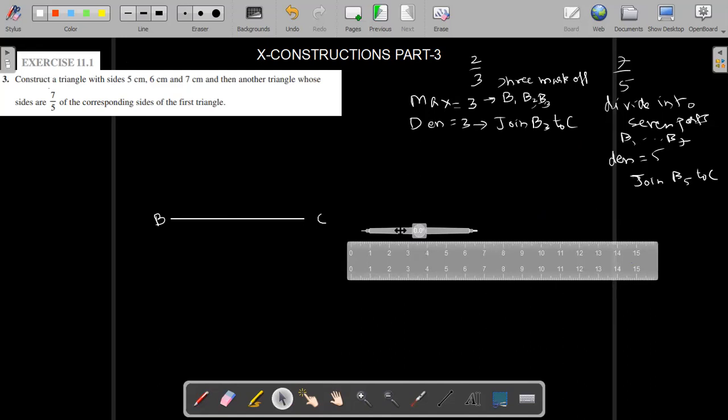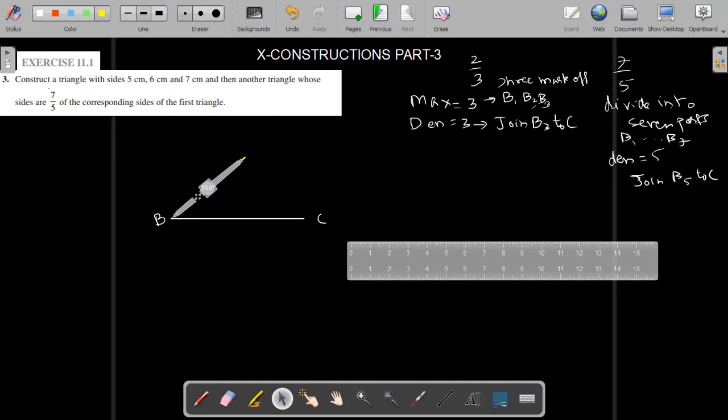We can take this side or that side. We have to take 5 centimeters length. So at 5 centimeters, draw an arc.